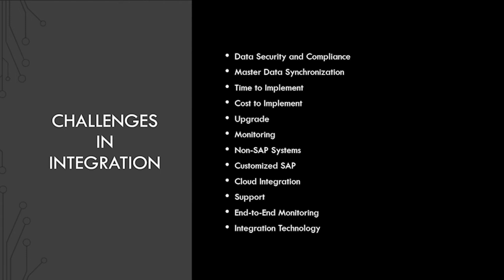And coming to the next three, that is non SAP system, customized SAP, or cloud integration. These three are actually the same kind of points. In any ecosystem, as I have already told, it is very rare that all the systems are SAP systems. That is actually the scenario: there will definitely be some other systems also, like non SAP systems, and some SAP systems are not fully SAP, they are customized.